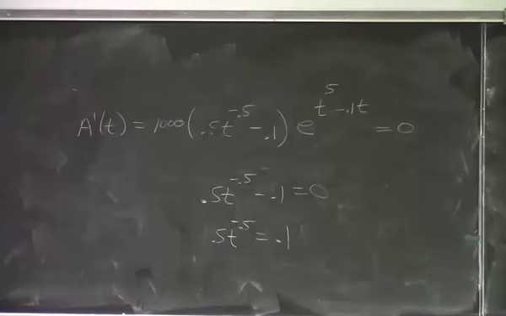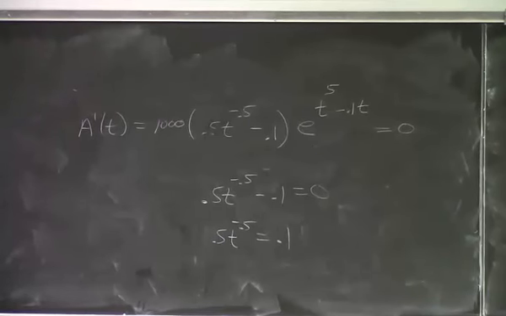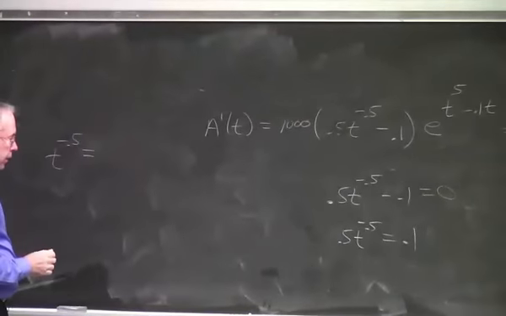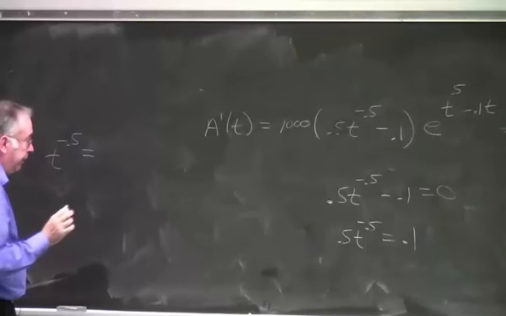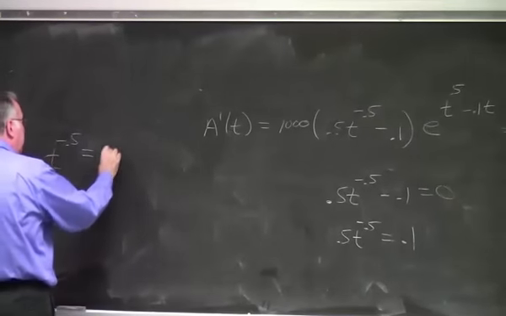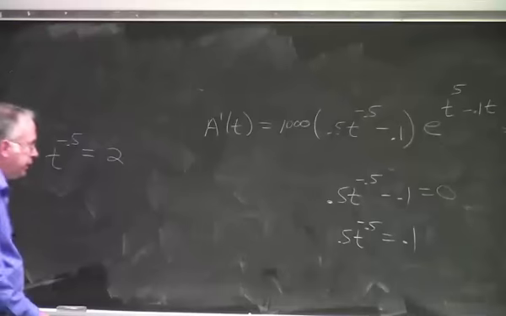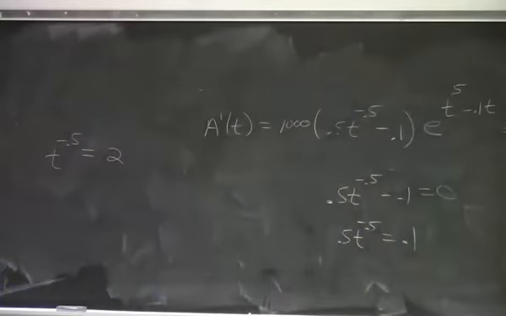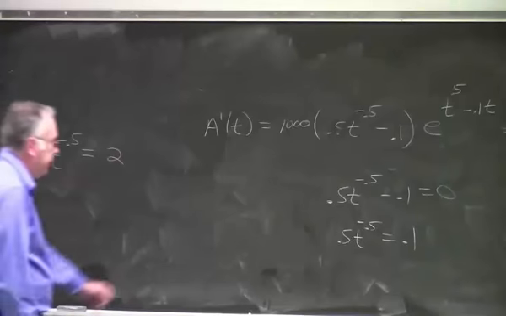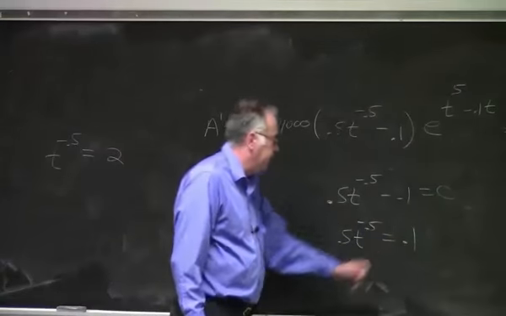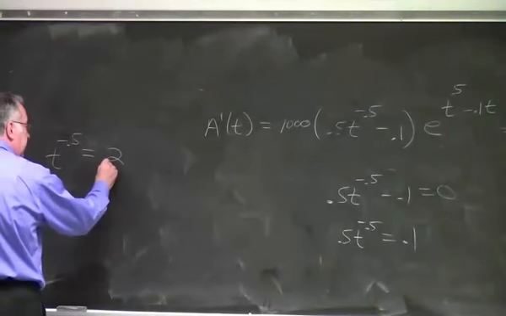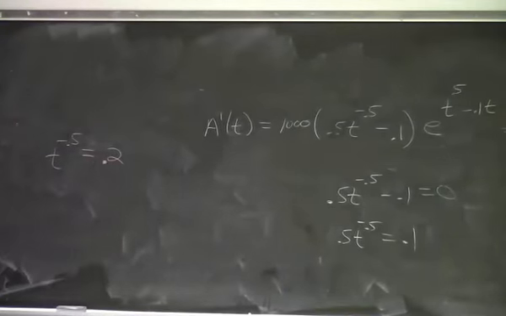I don't like that 0.5, so let's divide both sides by 0.5. You get t to the minus 0.5 equals 0.1 divided by 0.5, which is 0.2. Another way, just multiply both sides of that equation by 2. This becomes a 1. This becomes a 0.2 over here. I'm leaving off my decimals, aren't I?